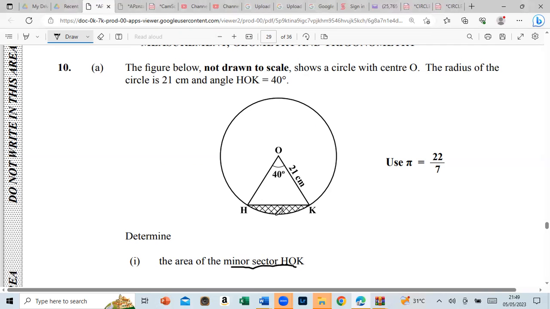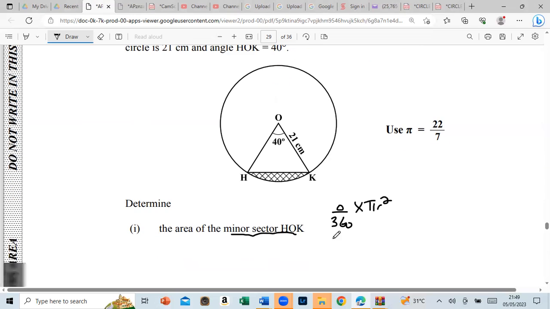Now, the area of the sector is just a fraction of the circle. So it's the angle we're considering, which is 40 degrees over 360, times pi r squared, which is the area for the entire circle. We only want that portion.